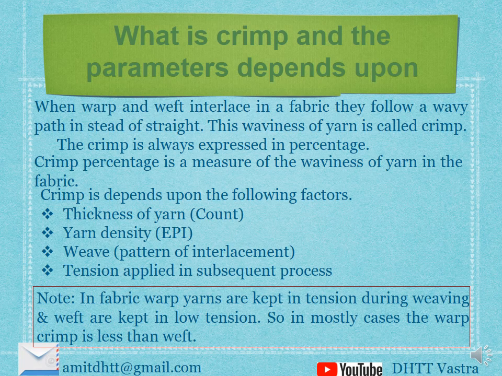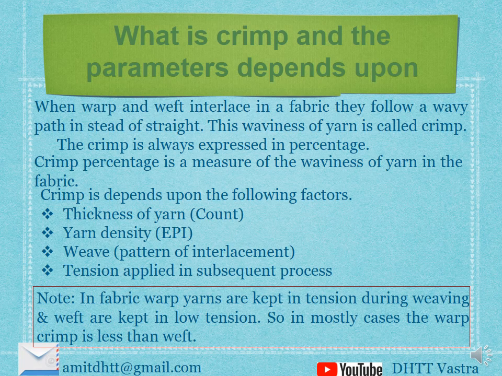When warp and weft interlace in a fabric, they follow a wavy path instead of a straight one, and this waviness of yarn is called crimp. The crimp is always expressed in percentage, and crimp percentage is a measure of the waviness of yarn in the fabric.